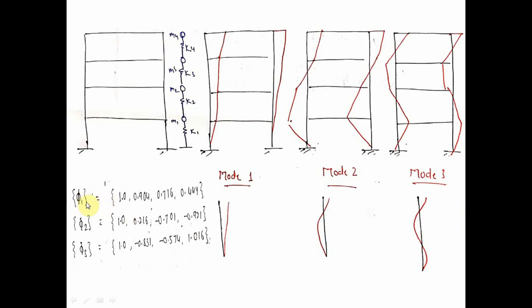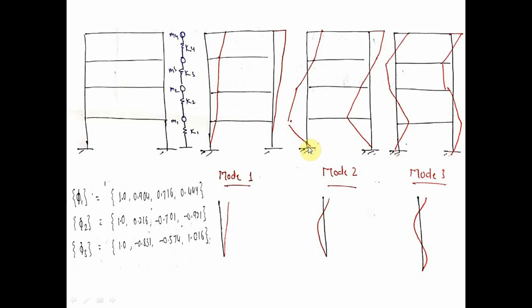Now these values, just look here. Mode shape 1: 1.0, 0.904, 0.716, 0.444. Second, mode shape 2: 1.0, 0.216, minus 0.17, meaning movement is in the other direction, then minus 0.7, minus 0.9.